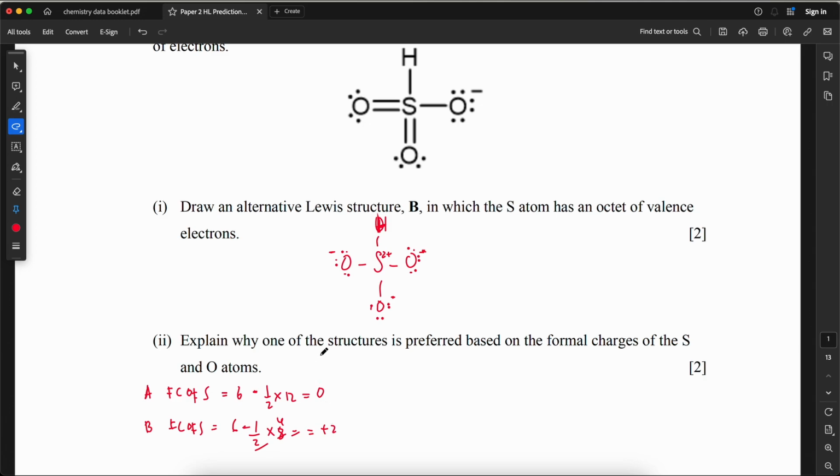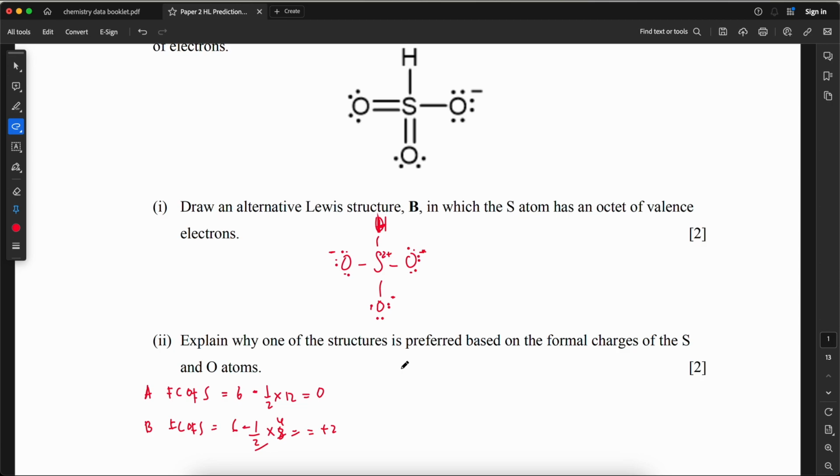Okay, so the formal charges for structure A are all 0, so that's why structure A is preferred compared to structure B, because the formal charges for structure A are all 0.